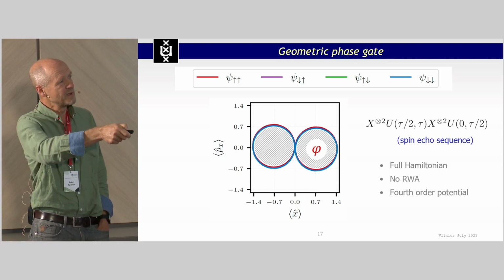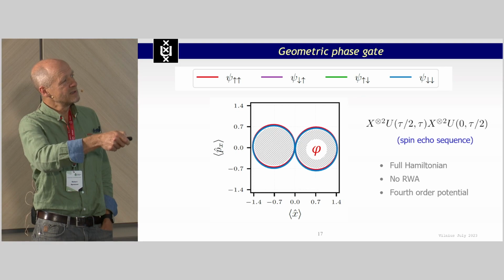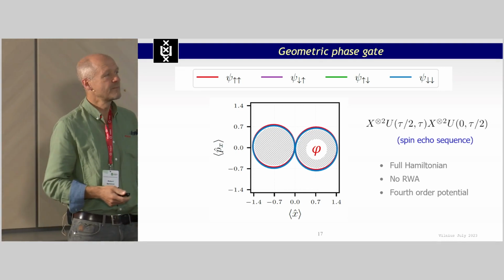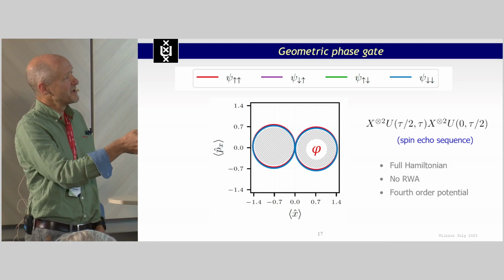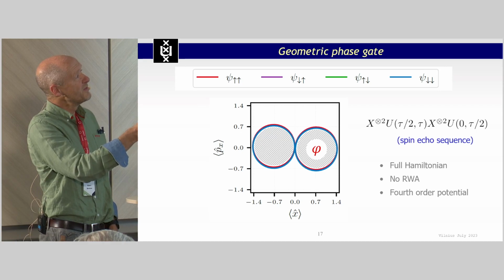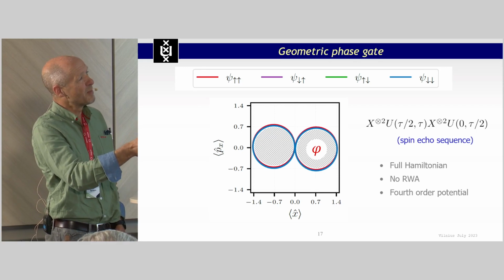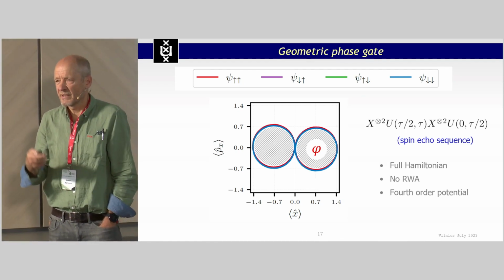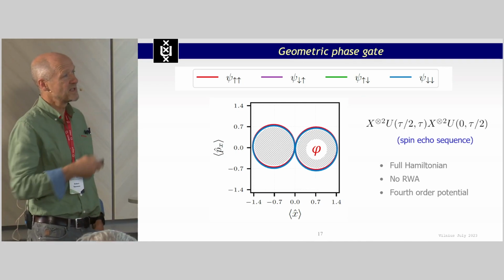It makes two loops because we do a spin echo sequence, but the area of this loop is the phase that the wave function picks up. And we see that this phase is picked up for even parity states, up, up and down, down, but nothing happens for the odd parity states. So this is exactly a quantum gate, a geometric phase gate, as it's called.